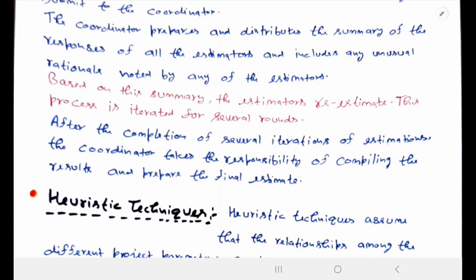It means we will continue a chain or a series of estimations until we get a possible outcome. If at any point all the team members and the coordinator are satisfied that this is the better choice, then this process will end.